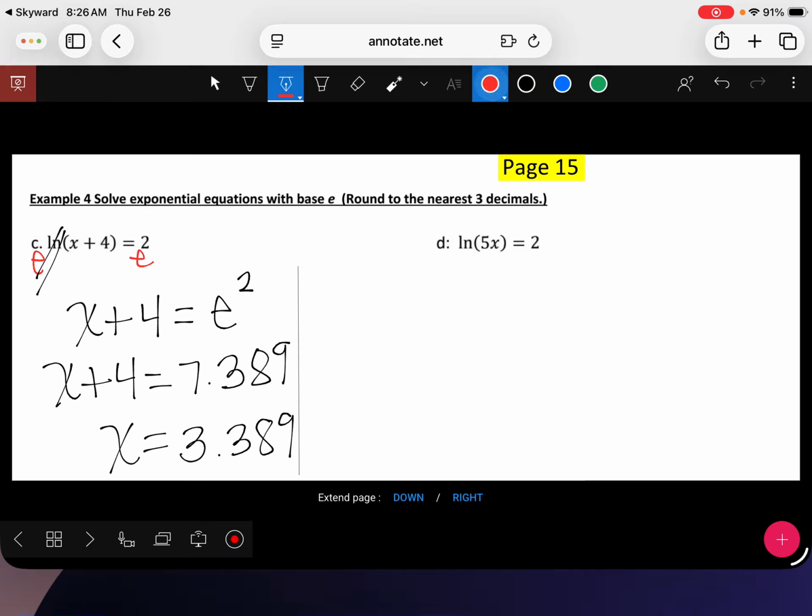All right, let's pop it up on the E. That's going to go away. So I have 5x equals e to the power of 2. Go ahead and finish it from there.